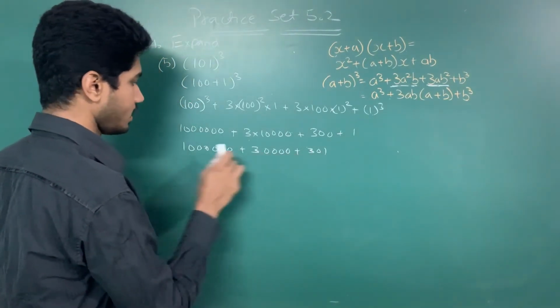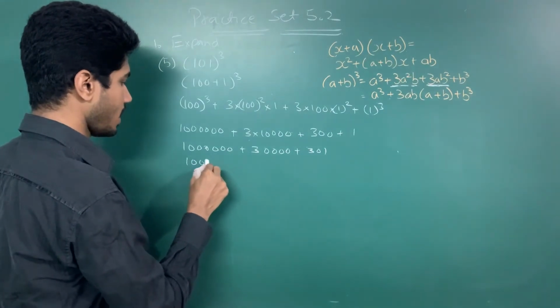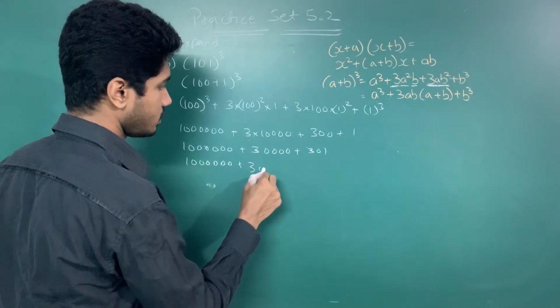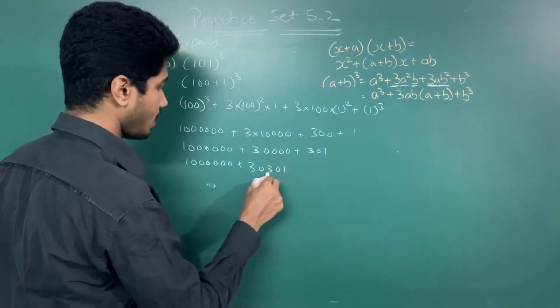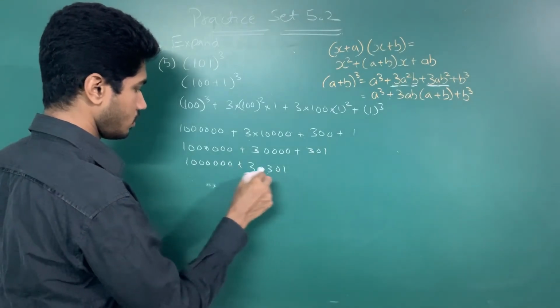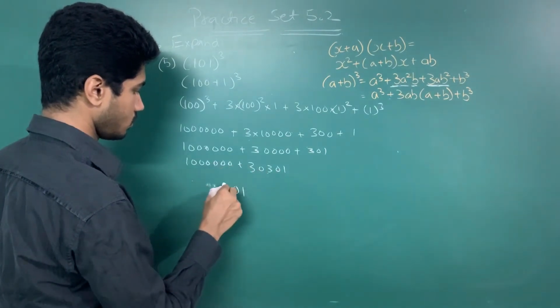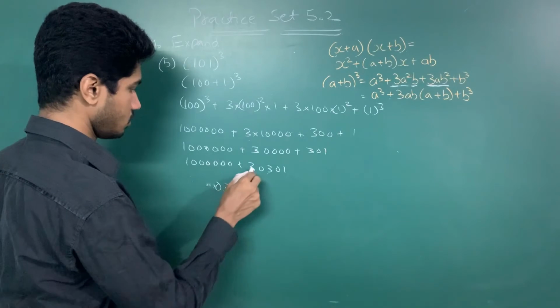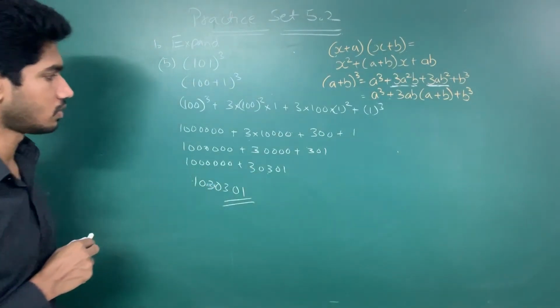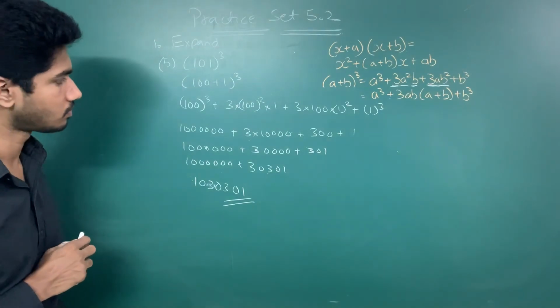Now when you go on adding, you go on adding from the last term. So when you add this, you get 30301, and when you add this, you get 1030301. So this becomes your final answer.